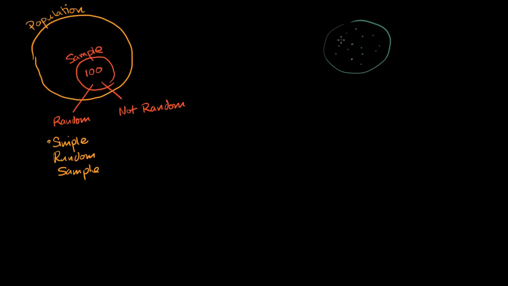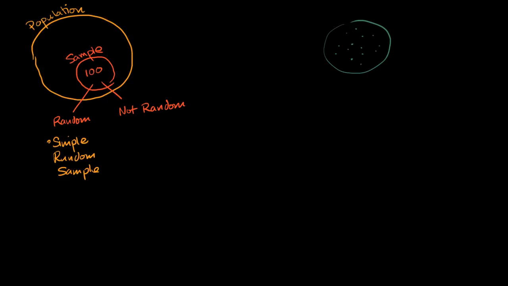It's unlikely that you're going to have bias from this sample, but there is some probability that just by chance your random number generator just happened to select maybe a disproportionate number of boys over girls, or a disproportionate number of freshmen, or a disproportionate number of engineering majors versus English majors. And that's a possibility. So even though you're taking a simple random sample and it is truly random, once again, there's some probability that it's not indicative of the entire population.